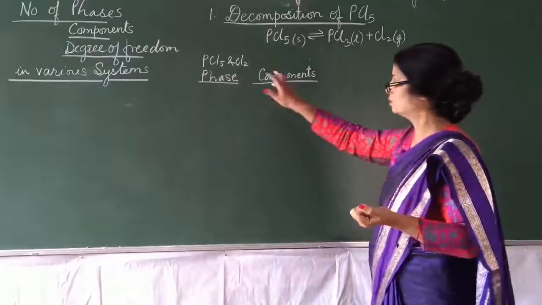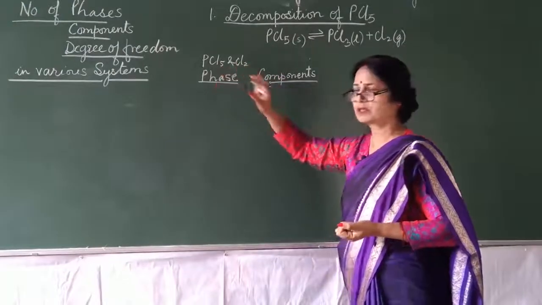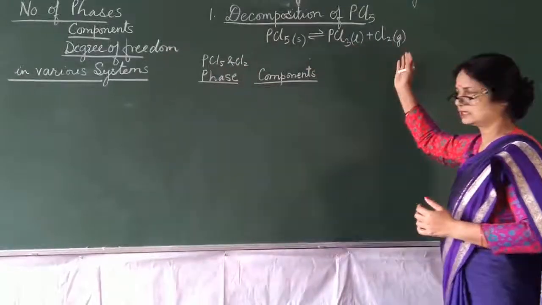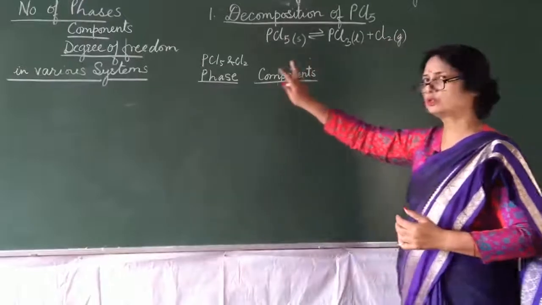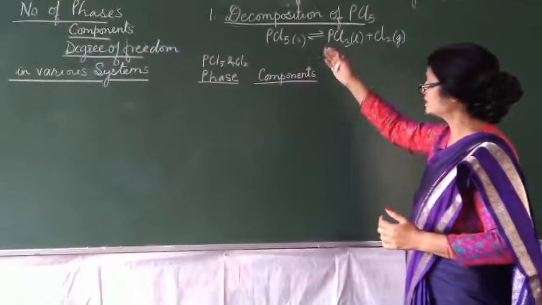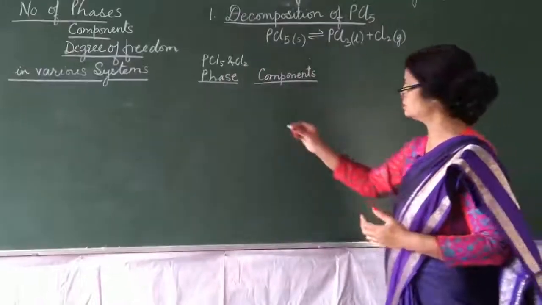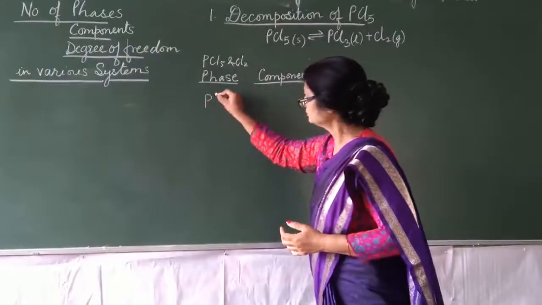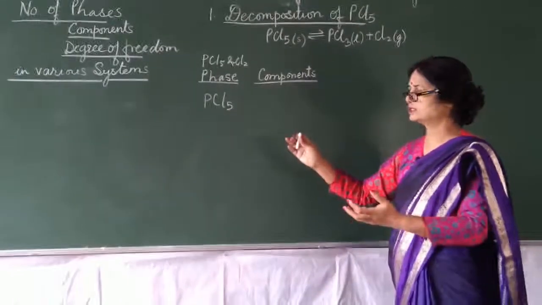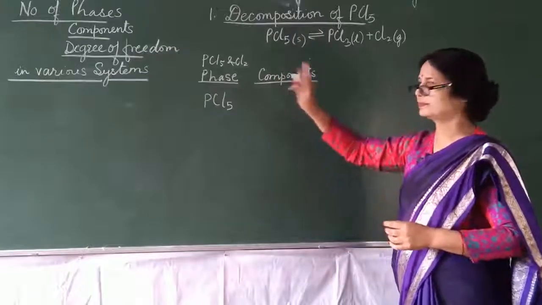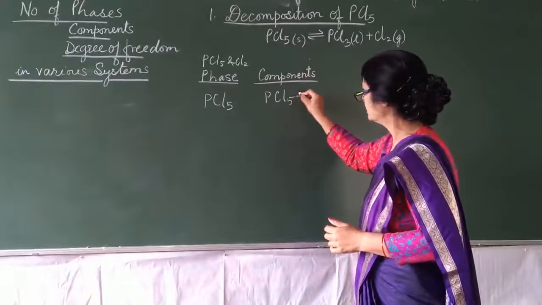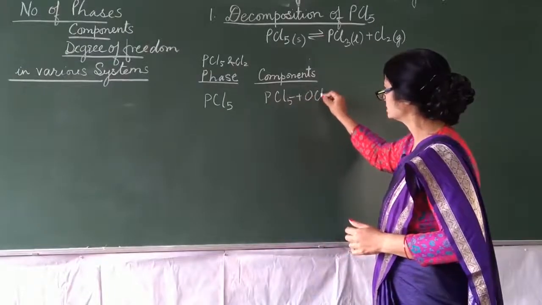Out of these three chemical entities, let us take only two chemical entities, first PCl5 and Cl. Now let's take the first solid phase, which is PCl5. And we see that we can represent this phase with the help of these two chemical entities like this: PCl5 plus 0 Cl.